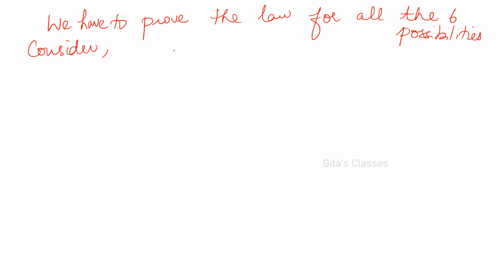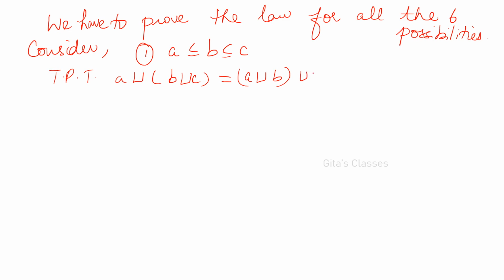the first one: a less than or equal to b less than or equal to c. So what is the left hand side? You have to prove that a min of b min c is equal to a min b min c. Let us consider the left hand side. LHS is equal to a min b min c.